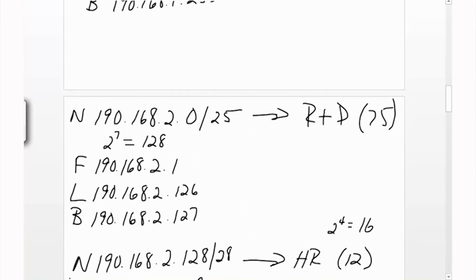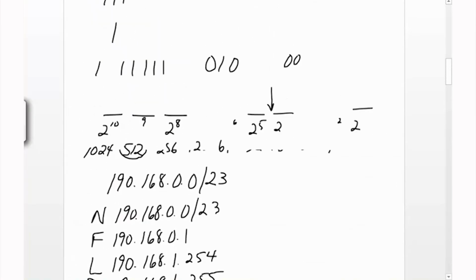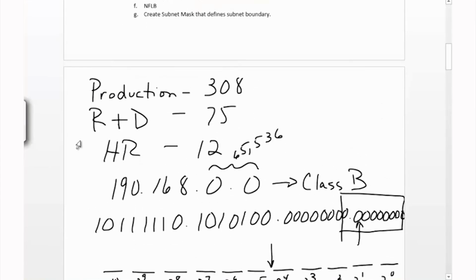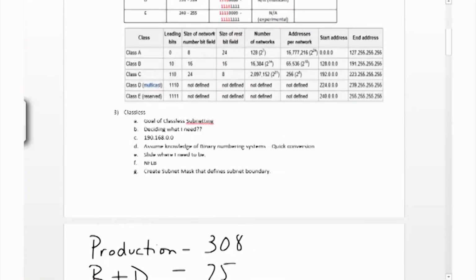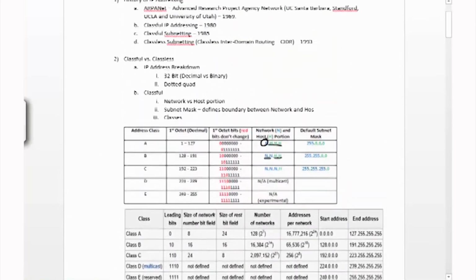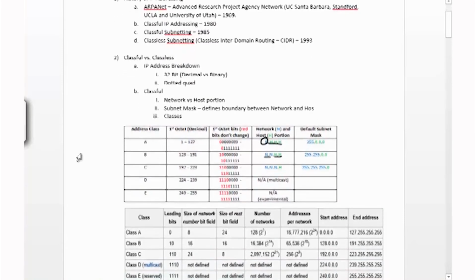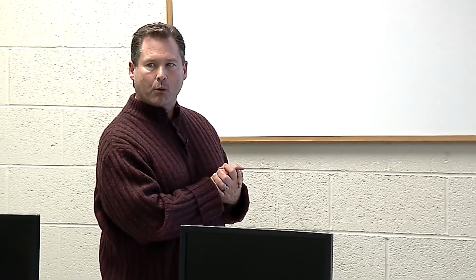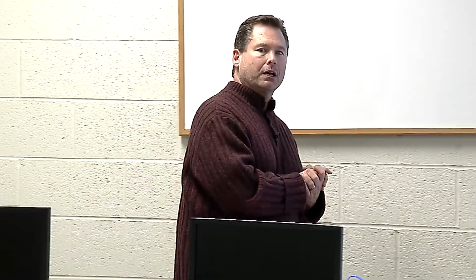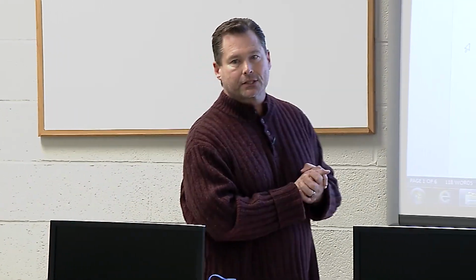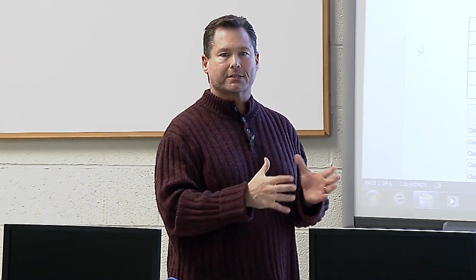That was the reason classless interdomain routing was initially developed, because as we look back, the classful system was a very inefficient use of this address space. Hopefully this has been helpful in guiding you in understanding classless interdomain routing and the process of subnetting.